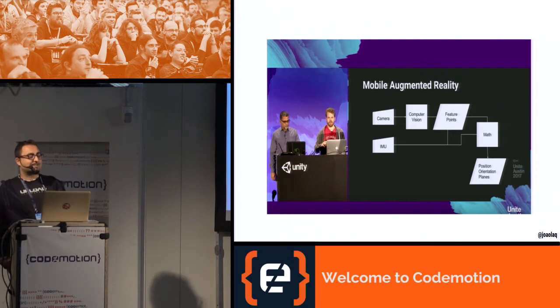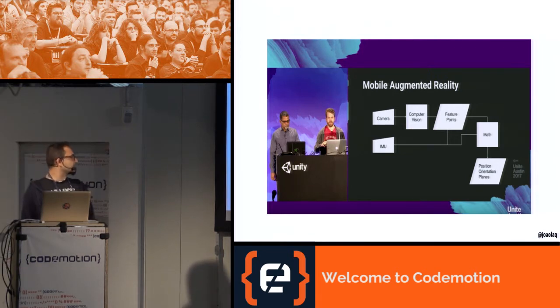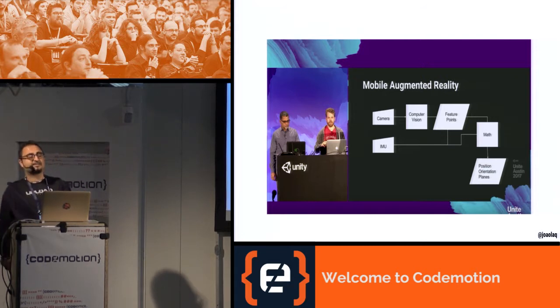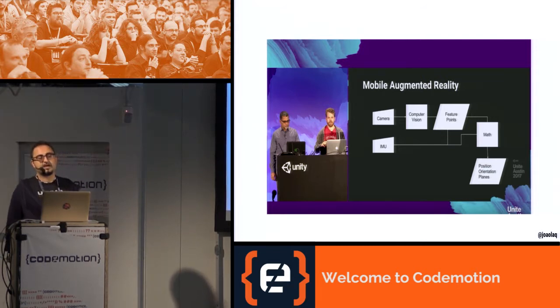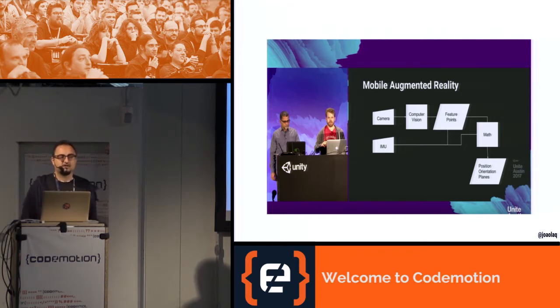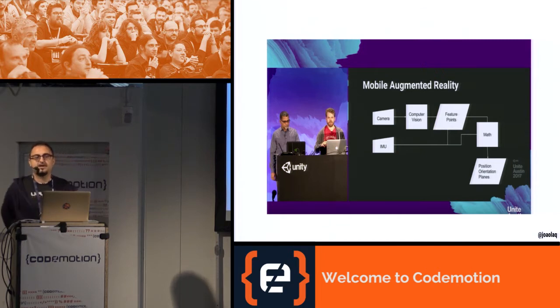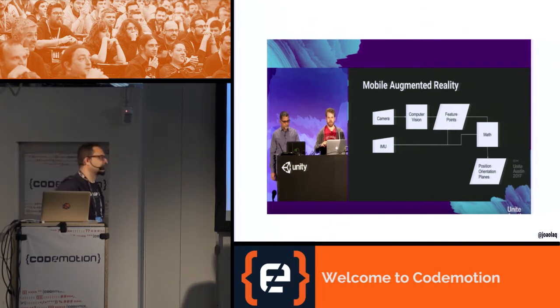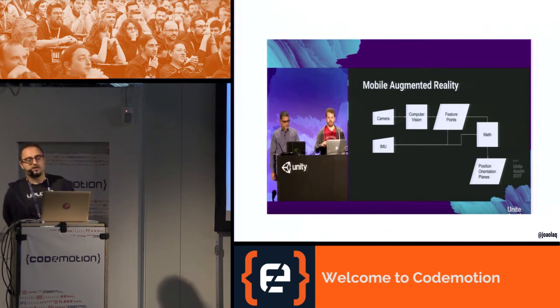This SDK has as input the camera and the IMU data. What is coming from the camera is analyzed by a computer vision algorithm to extract the so-called feature points of the camera images; we'll see what feature points are later.